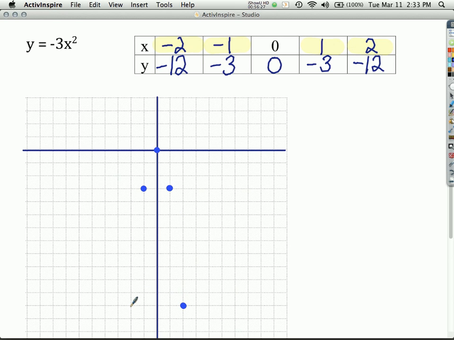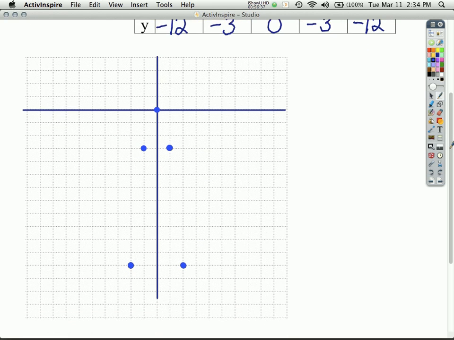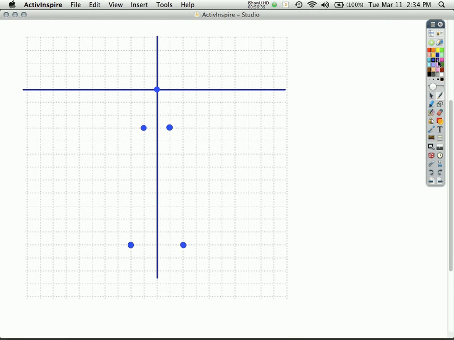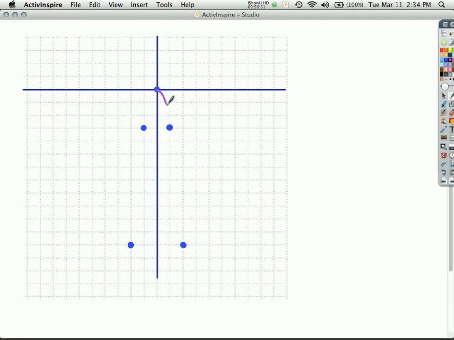And then there's going to be one on the other side. Remember, it's not a triangle, it is a curve. So you got to have an element of curve in there. And so here's the curve.